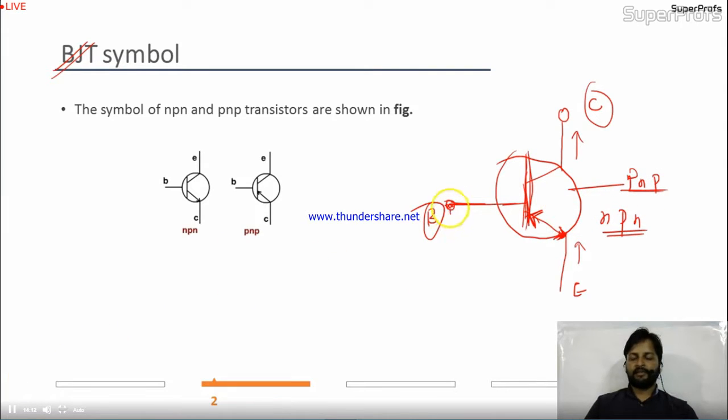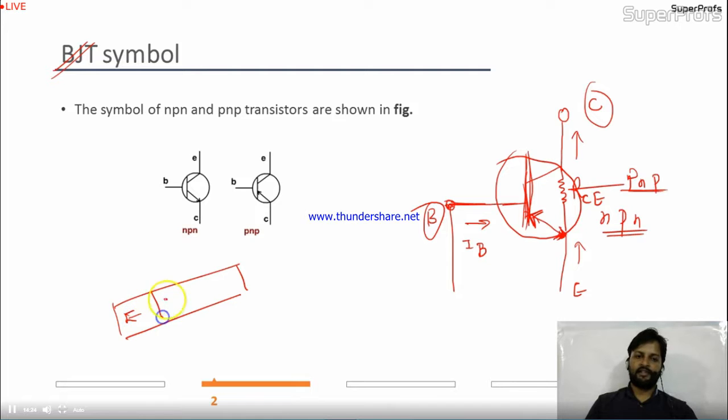In this circuit, suppose this is the base current IB and the resistance between collector and emitter is RCE. We have seen in the figure, this is the emitter, base and collector, right? This is nothing but one kind of resistance. Earlier I told you it is a rheostat kind of thing; in the electronics way, you are controlling the resistance, right?